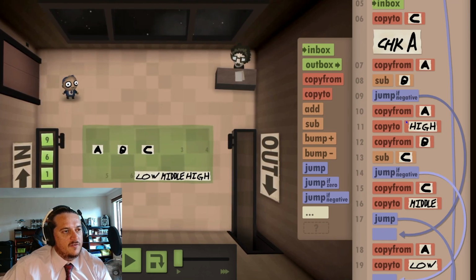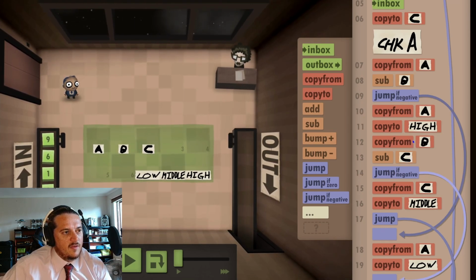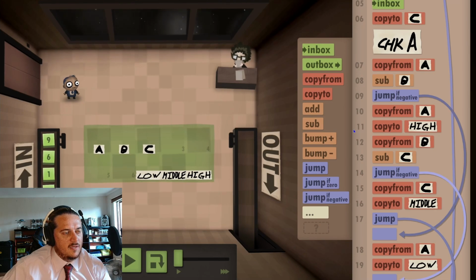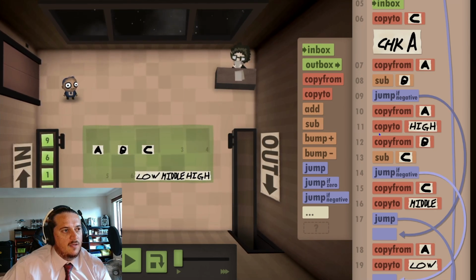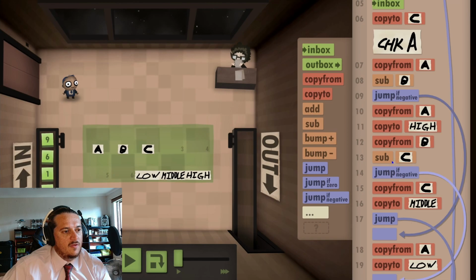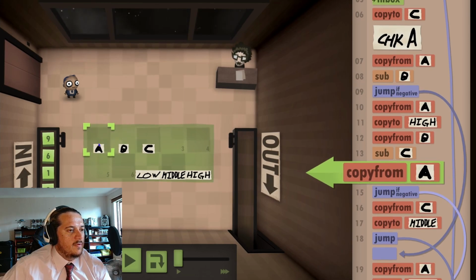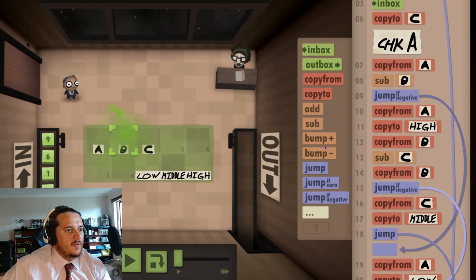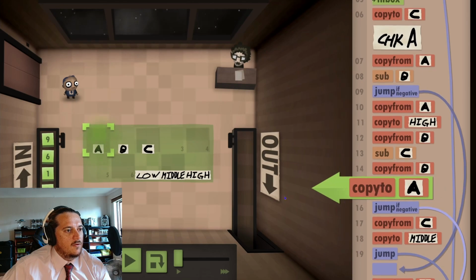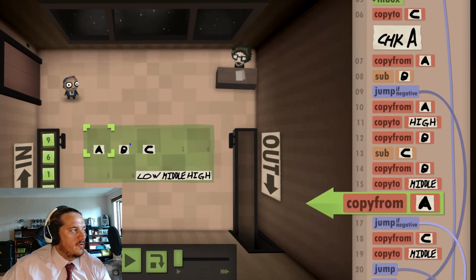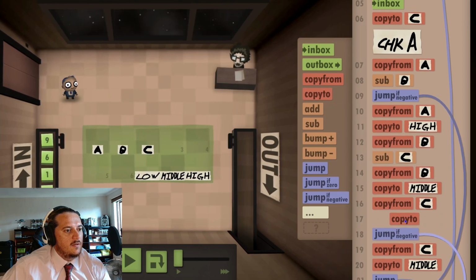If positive, A is higher than B. If positive again, then B is higher than C. And then we should have copy from B, copy to middle, copy from C, copy to low.